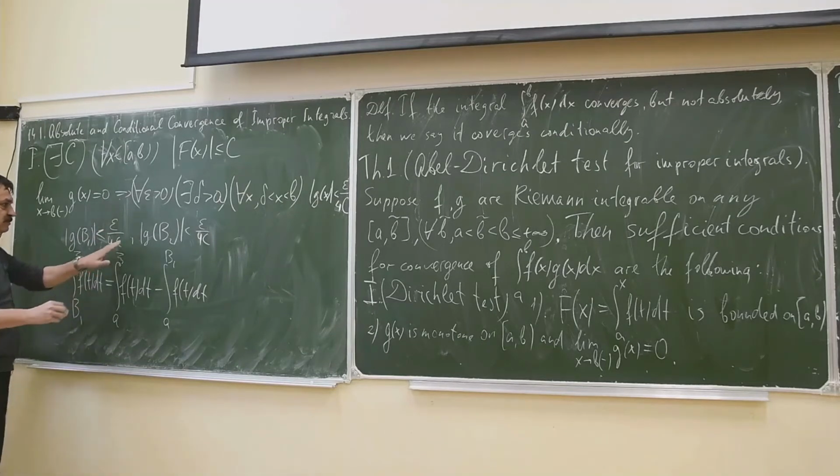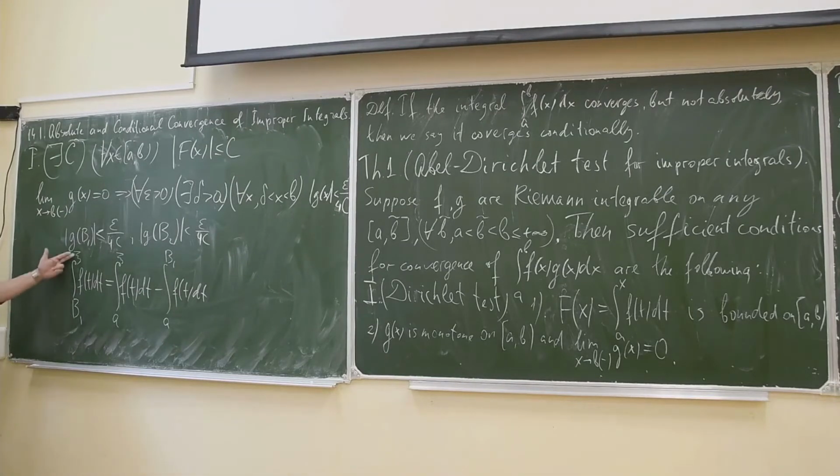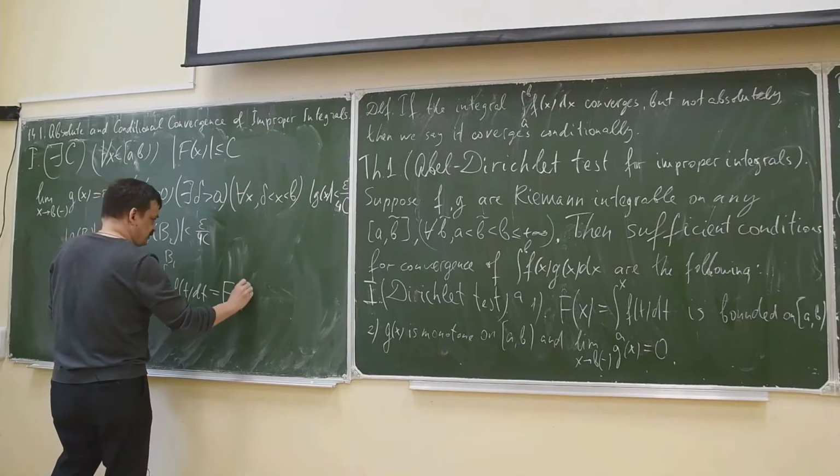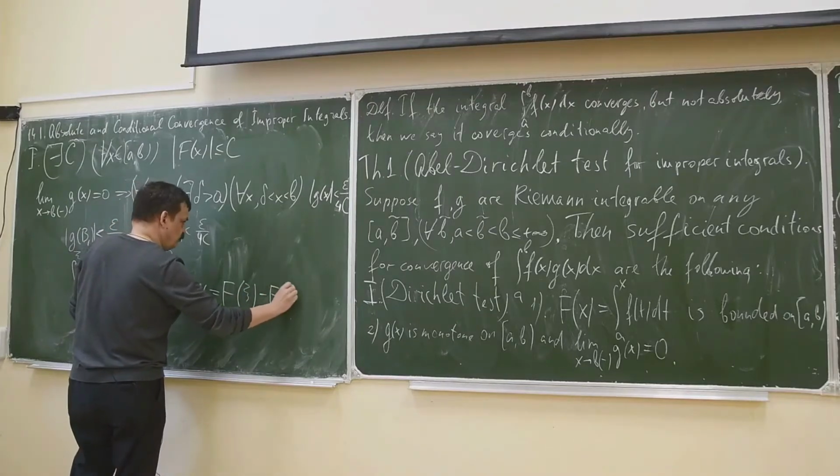Sorry, 4C here also. 4C. So, go back. Integral from B1 to Xi, f of t, is the integral from A to Xi minus the integral from A to B1. That is the additivity property of the integral, right? And that is what? That is capital F of Xi minus capital F of B1.